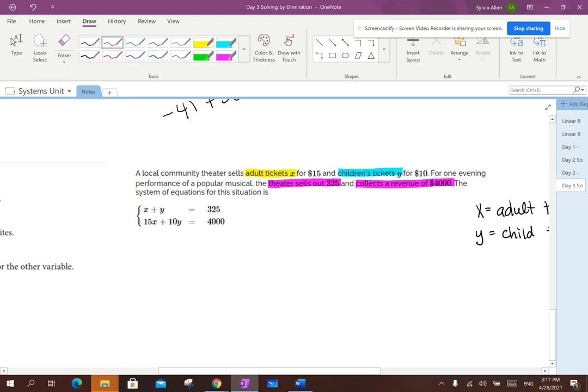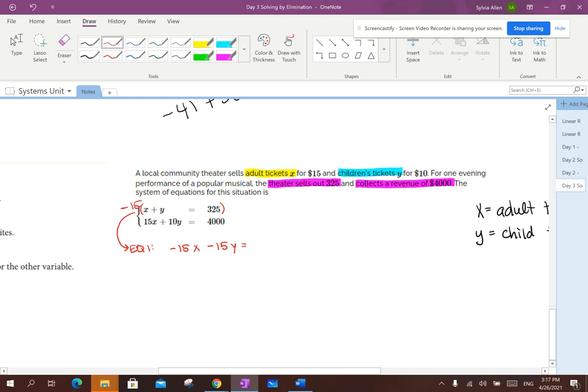These do not cancel right away, so I have to choose what I want to eliminate. I am going to want to eliminate the x's, just a personal preference. So I need to multiply by negative 15 because I want them to be opposite. So that's going to give me a new equation 1 as negative 15x minus 15y.